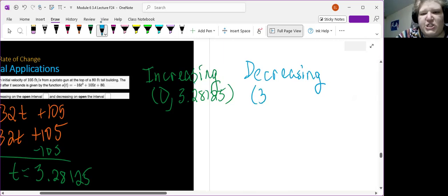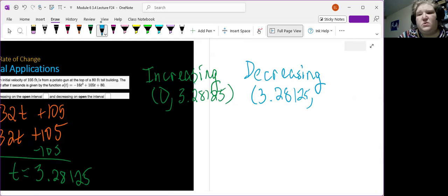So the decreasing will start at 3.28125, but then how long does it go? So then we're asking, when does the potato hit the ground? Not when does it get back to 80, but when does it splat on the ground down below? Hopefully not hitting anyone.